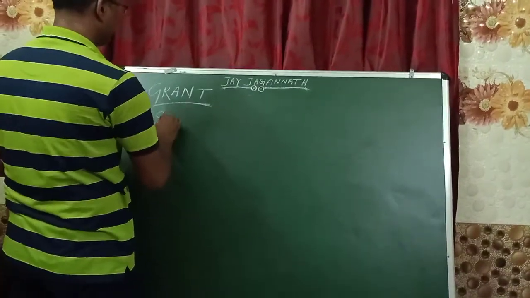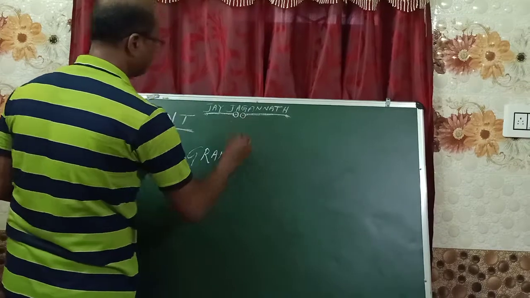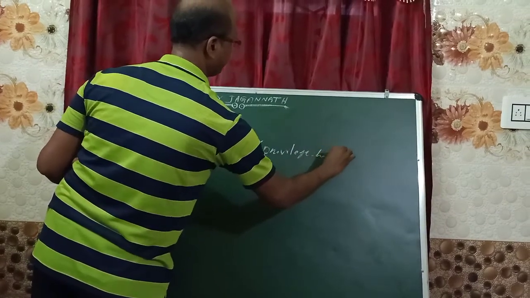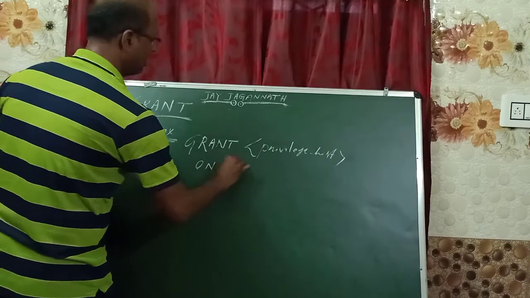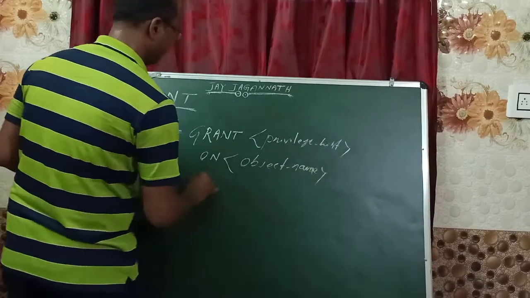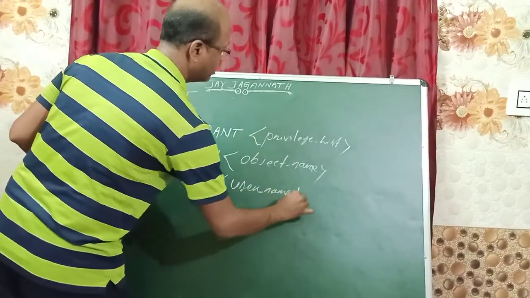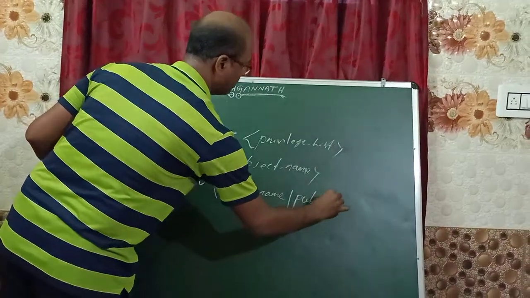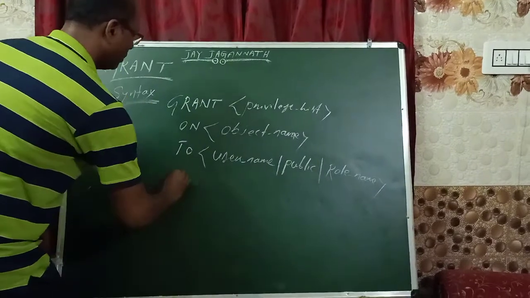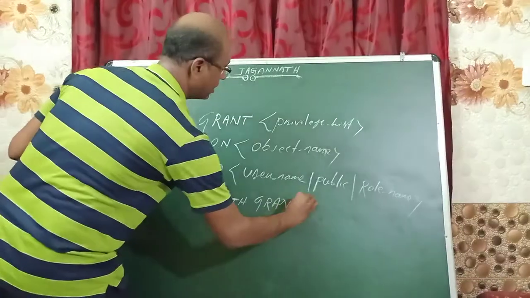The syntax is: grant privilege list on object name to user name or public or role name with grant option.